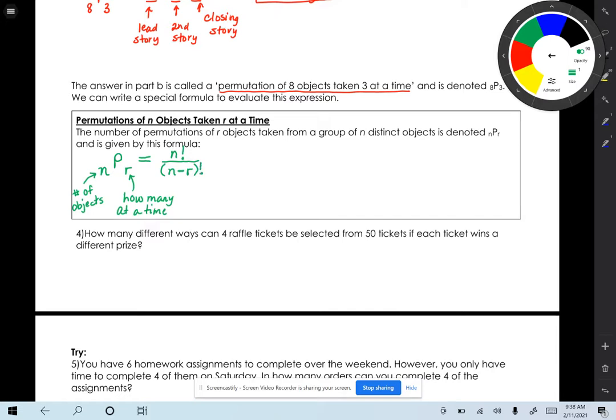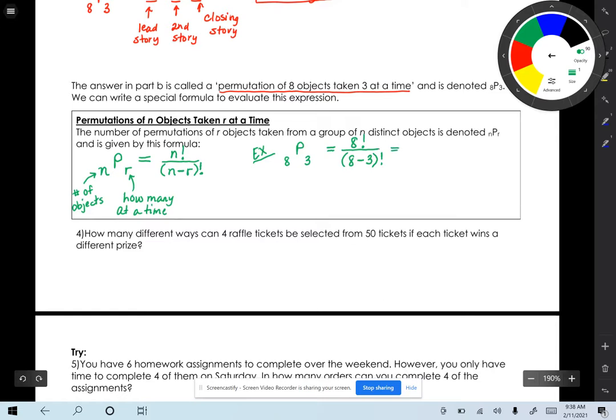And so we will do an example here. The one that we just did, how would we write it using the formula? So we are doing problem 3b. In the numerator would be 8, it'd be the n, so 8 factorial divided by the bottom two numbers, so 8 minus 3, parentheses, then factorial.